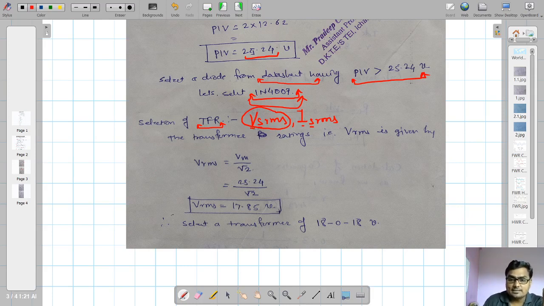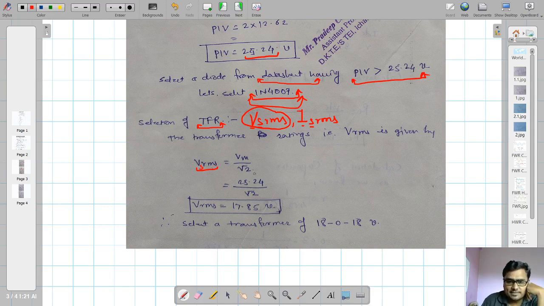So how to calculate this Vs RMS? Whatever peak secondary voltage is available, take its RMS value, and then things are done. This VRMS is nothing but Vs RMS; I'm using a different notation here. Instead of Vs, I'm just writing VRMS. You can write Vs RMS, no problem. What is Vs RMS?